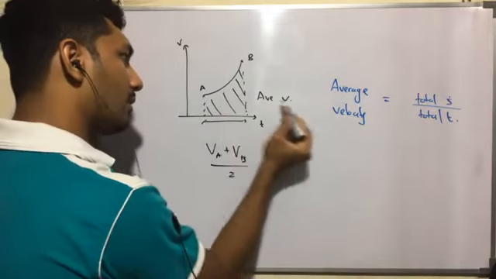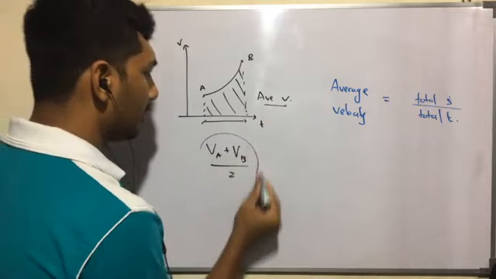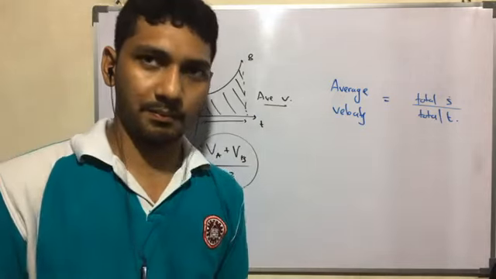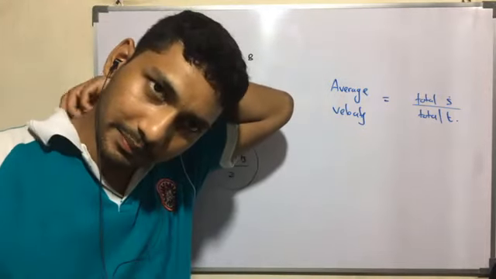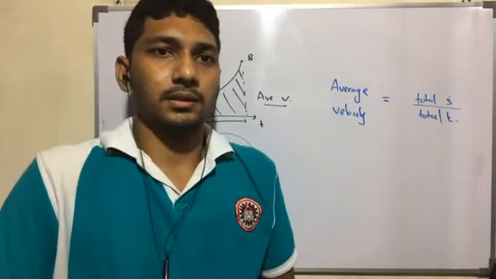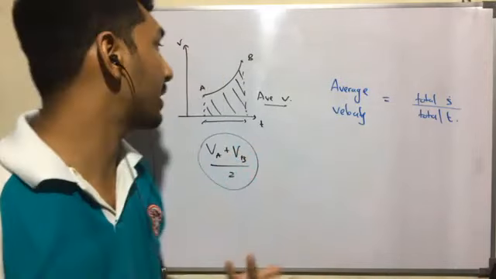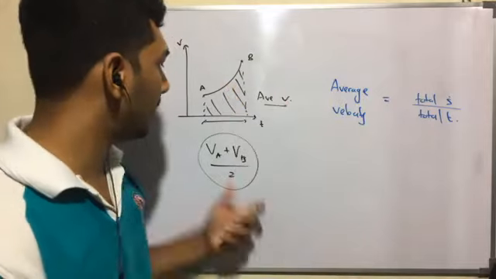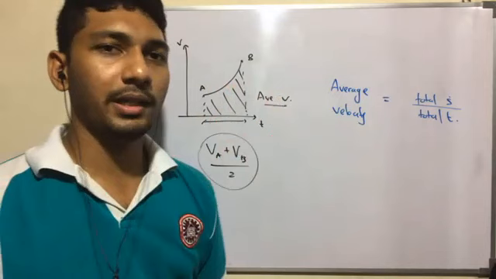So the actual average velocity should be equal to VA plus VB divided by 2 in the answer. So how are you going to do this? Well, you have mathematical equations, like finding the area of this curve and proving it to be like that.